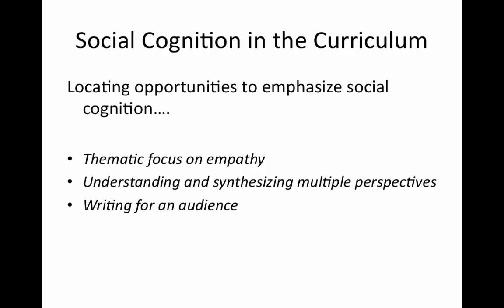Another example, beyond thematic or topical areas of focus, would be that teachers can also draw attention to the social understanding that goes into identifying perspectives, describing perspectives, and synthesizing multiple perspectives on the same topic. So this kind of work is called for anyway by the instructional approaches targeting the Common Core standards, and it's foundational for rigorous academic work in general.